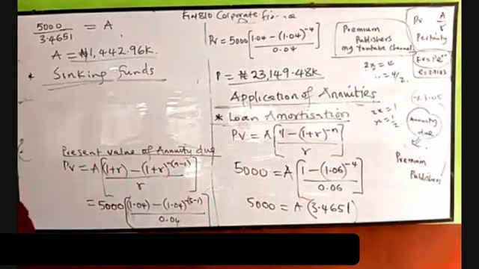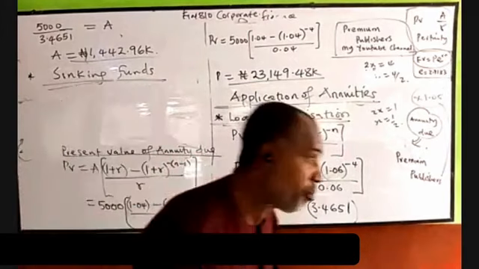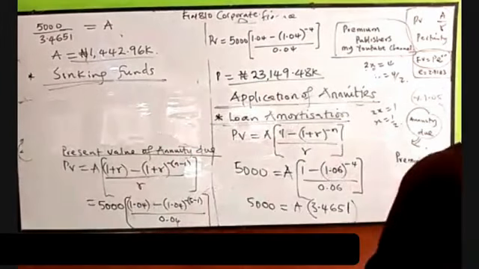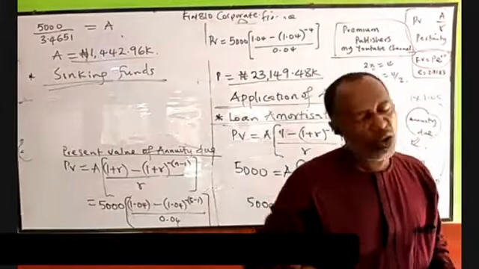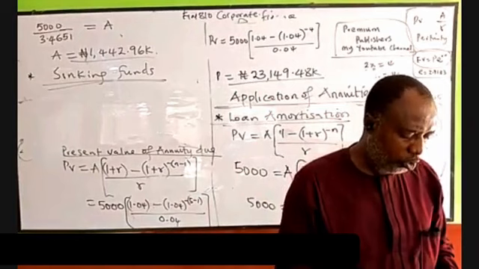Because an organization is not only about assets, there could be other things they want to do, like expansion of the company, and they want to save towards that, so that when that time comes, they will execute the plan in future. Full stop. Continue.